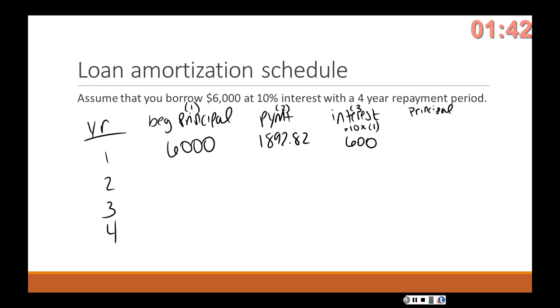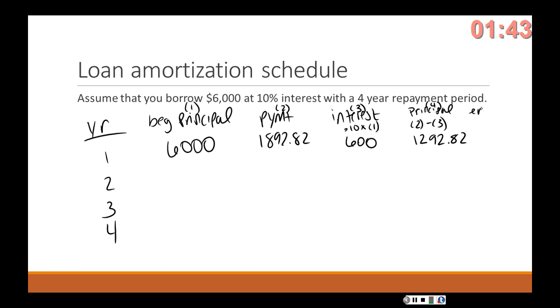column 4, would be column 2 minus column 3. The payment minus the interest is the amount going towards principal. So $1,892.82 minus $600 leaves you $1,292.82.